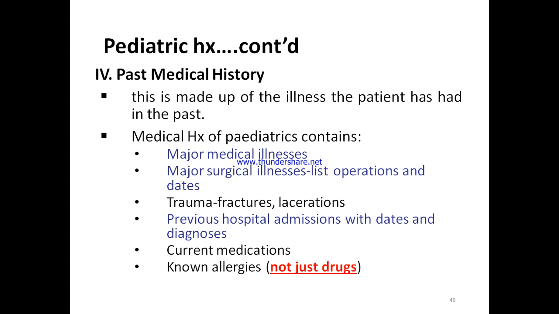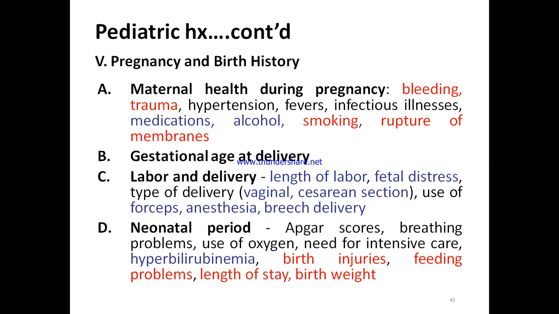In pediatric history, we are not focusing on drug allergy, because due to the immune response of children, the majority of pediatric age groups do not respond with a drug reaction, so we are not focusing on drug reaction. Other reactions and other factors are very important to assess in past medical history. The other part of the pediatric history: mainly we are focusing on pregnancy and birth-related history.